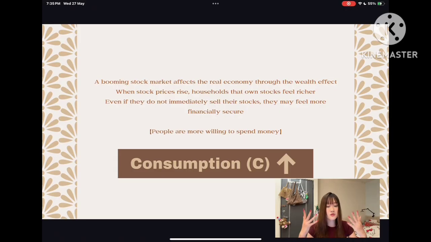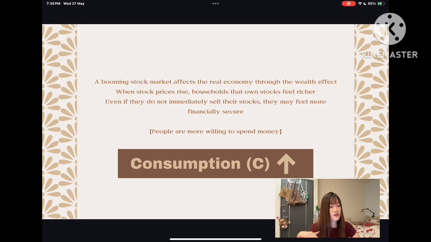When stock prices rise, households that own stocks feel richer. Even if they do not immediately sell their stock, they may feel more financially secure because the value of their assets has increased. Because of this, people become more willing to spend money. This means private consumption increases. In Taiwan, the background mentions that more than 5 million individual retail accounts benefit from the rising TAIEX.